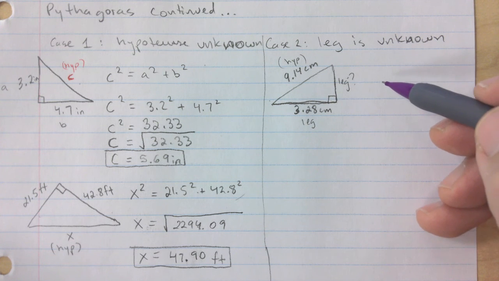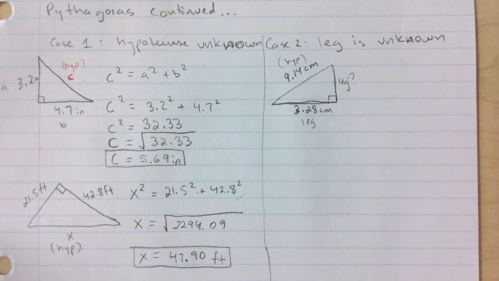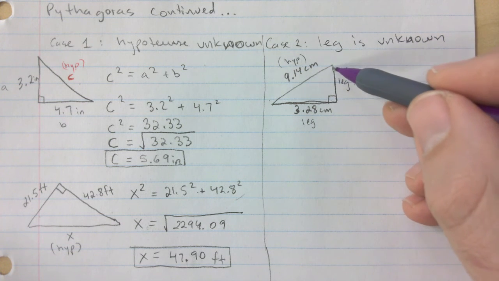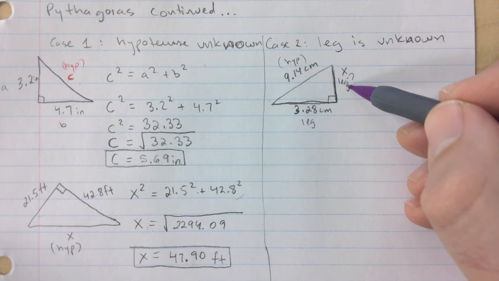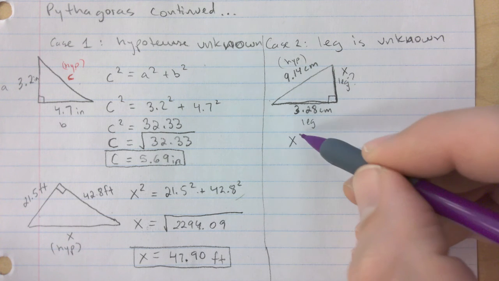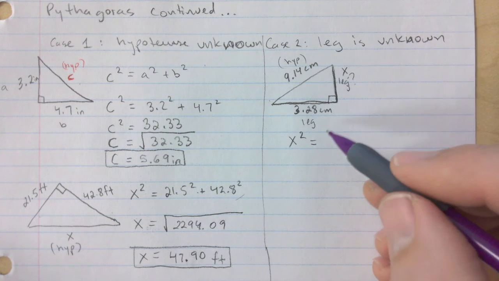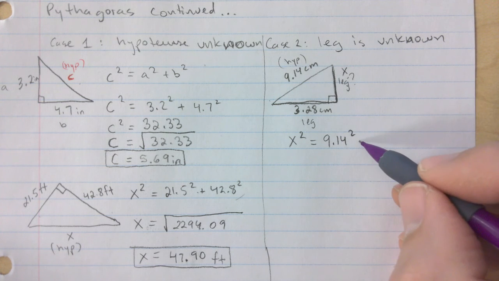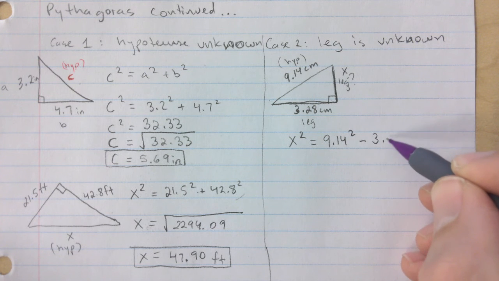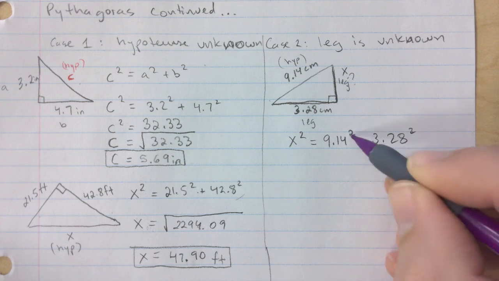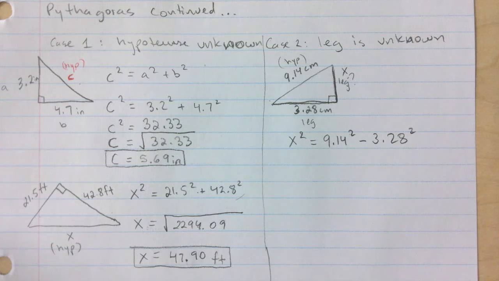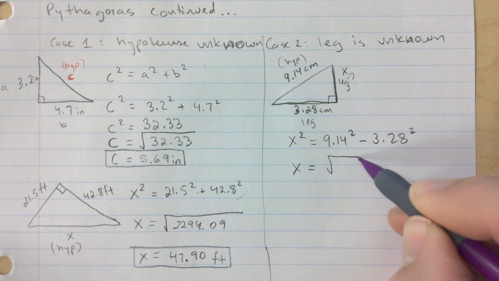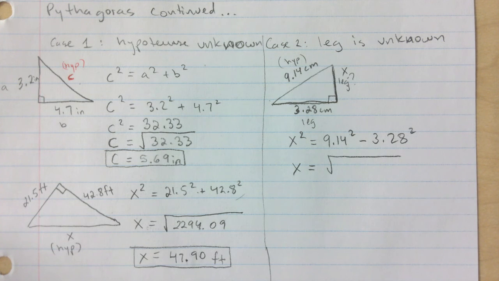You can call it whatever you want. You want to call it X, A, B, it doesn't matter. I'm going to call this X, okay? I'm missing this side and it's a leg, so you're going to go X squared. It's always squared, remember. You take the longest side, which is the hypotenuse, and you subtract the other leg from it, but always squaring everything. And your next line should be x is equal to this, right?